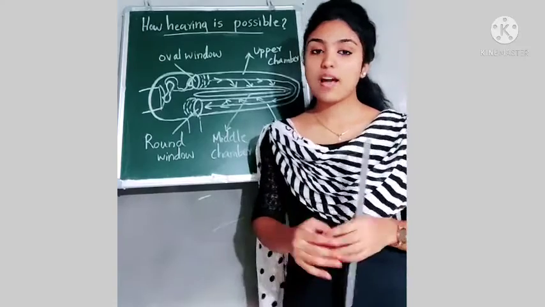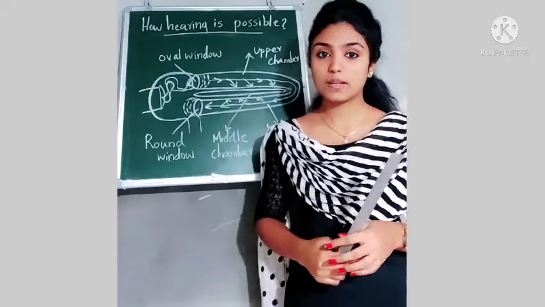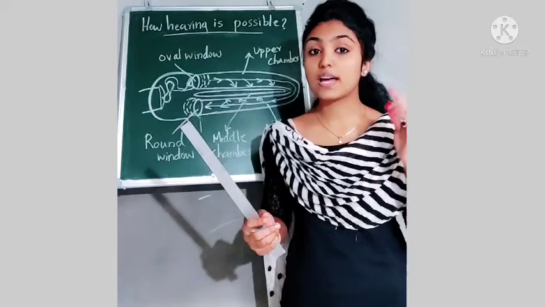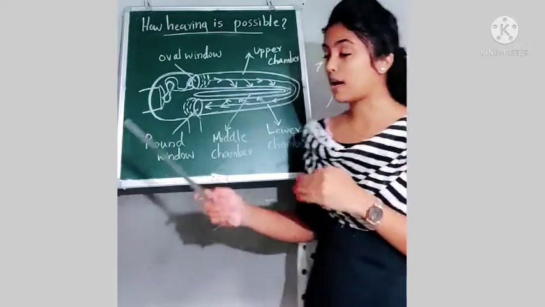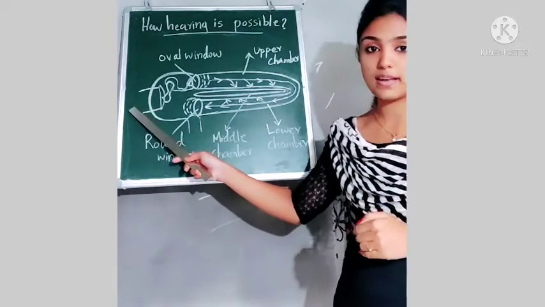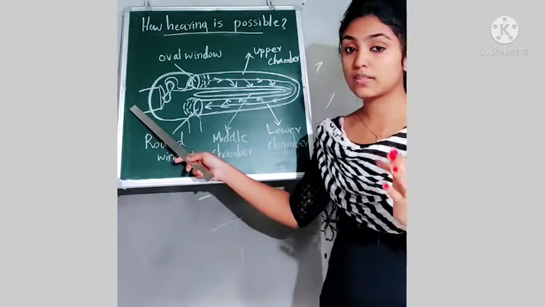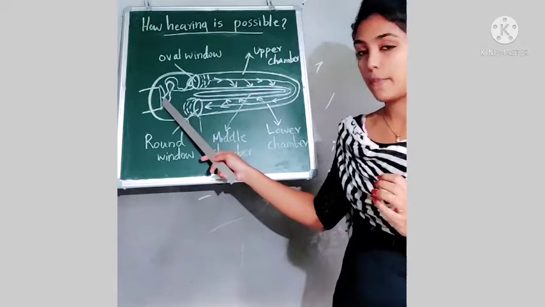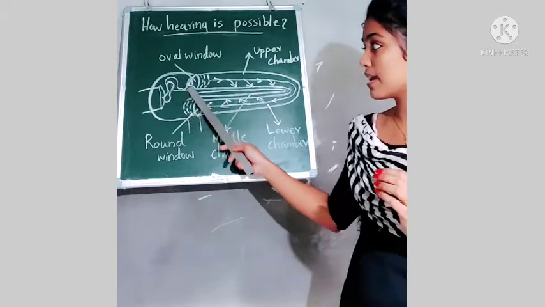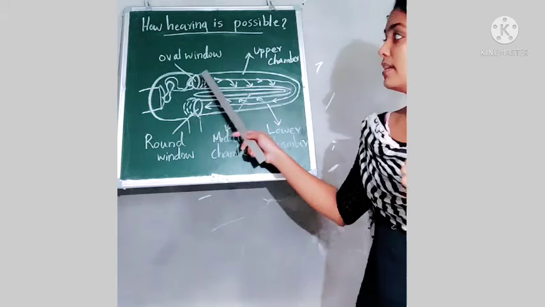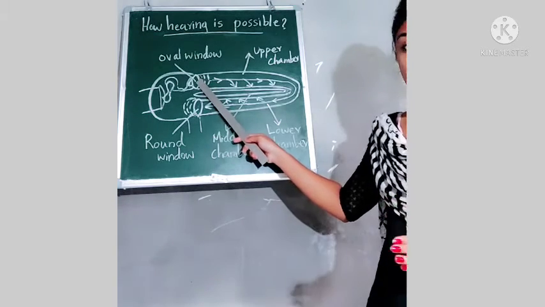Now let us see how hearing is possible. The sound waves enter through our ear, through the pinna, then pass through the auditory canal, and these sound waves vibrate the tympanum. This vibration is transmitted through the ear ossicles, and then it vibrates the oval window.